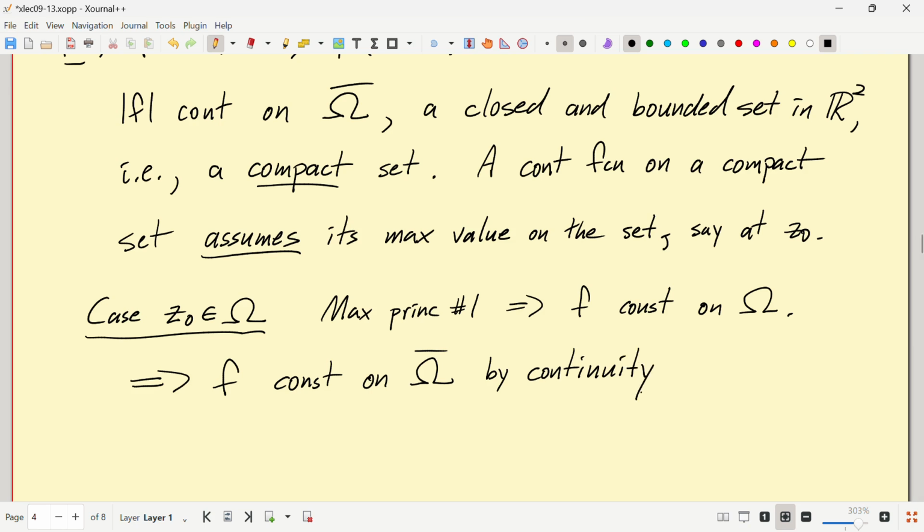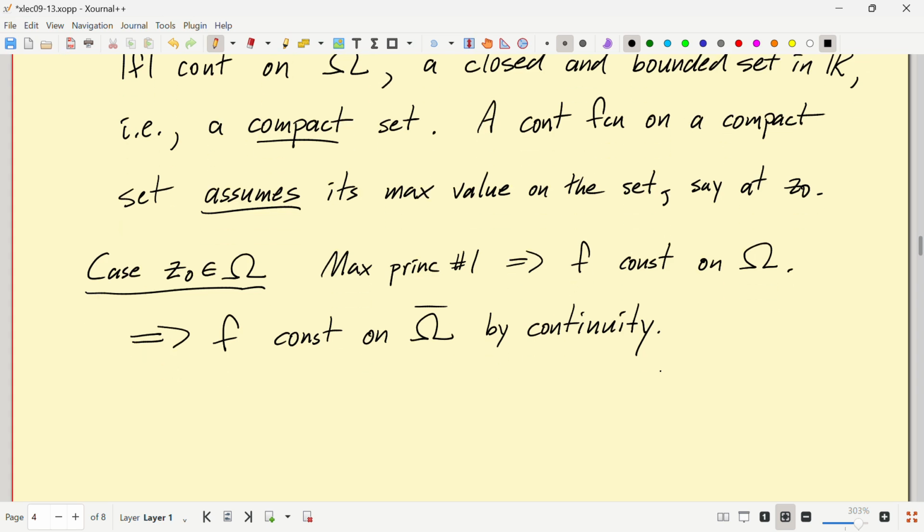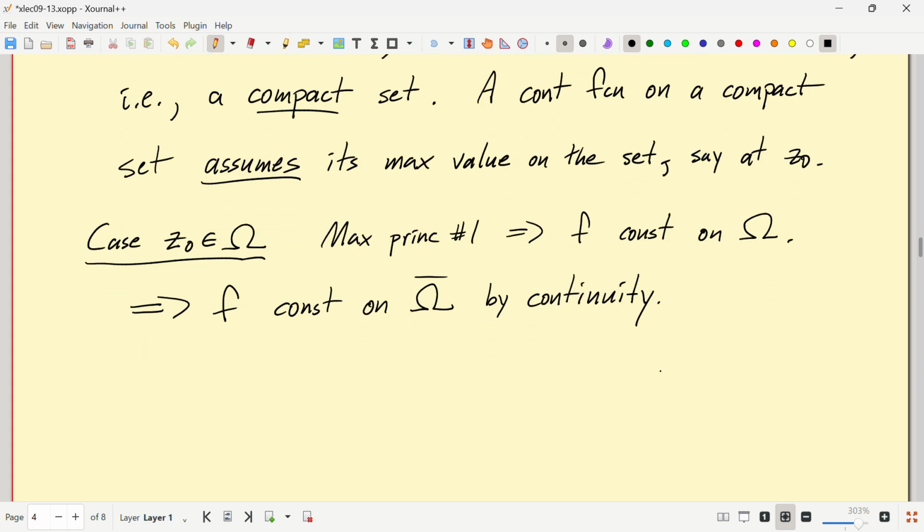So if you haven't played games with the definition of boundary point in topology, that's something to think about. And therefore, we see that means that max is also attained on the boundary, since the whole thing is constant.